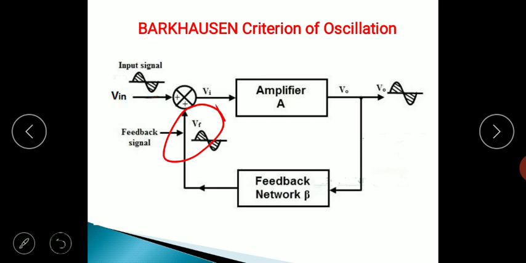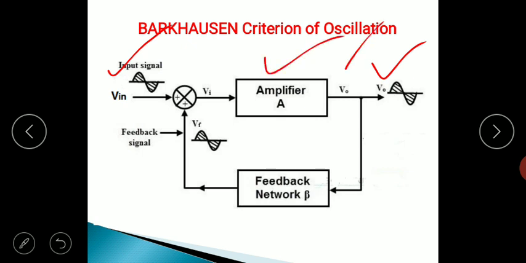Now if you see here, what are the different things that are present in this particular block diagram? This is the input signal V in, this is the output signal V naught, this is an amplifier with open loop gain A given by V naught by Vi, this is the feedback network having a feedback fraction beta, and the input to the feedback network is V naught, and the output of the feedback network is Vf.